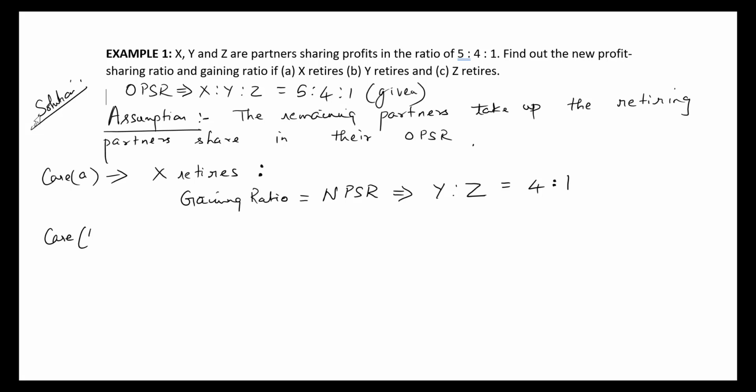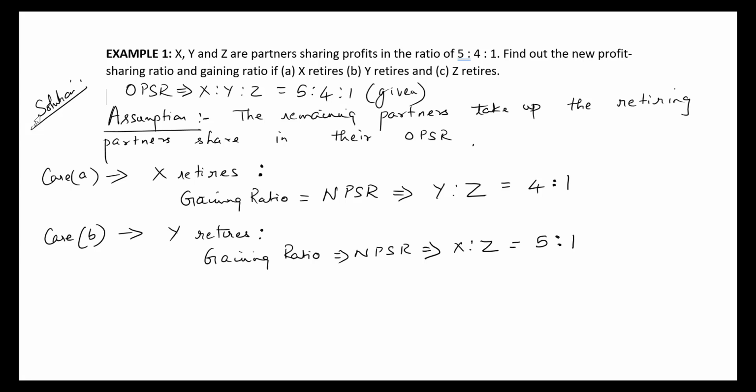The second case B, when Y retires, the gaining ratio between X and Z, as well as the NPSR between X and Z, will be equal to 5:1.